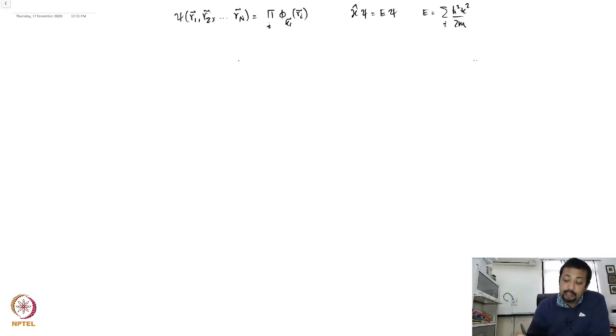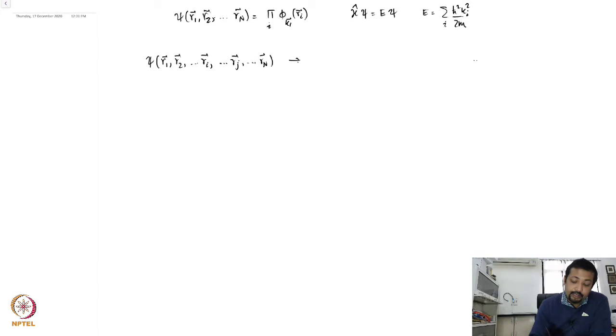The many particle wave function that we constructed had the form ψ(R1, R2, ..., Rn) equal to the product over i φ_ki(Ri). This is an eigenfunction of the Hamiltonian. So if you write this down, it is going to be Eψ, where E is the sum over i ħ² ki² over 2m.